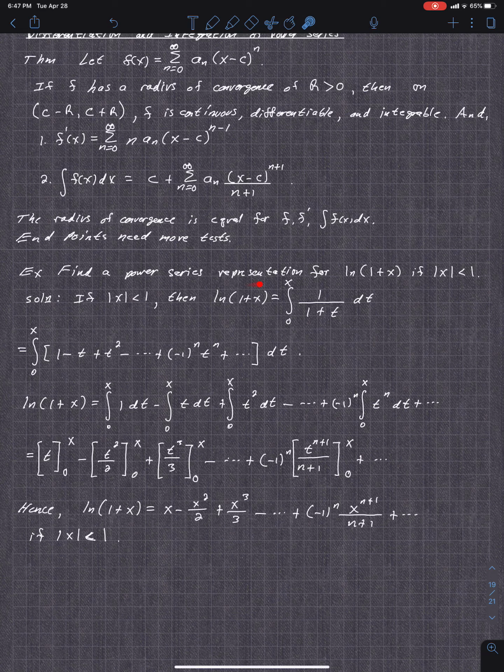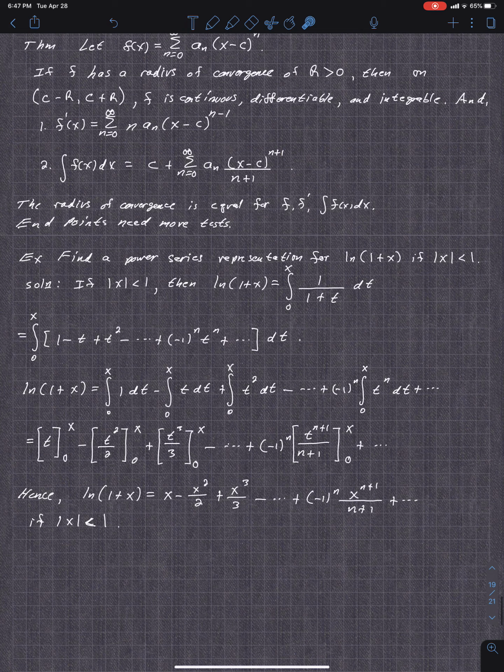Find a power series representation for ln(1 plus x), if |x| is less than 1. All right, there's a bit to do here. So just note that this can be expanded, and I want you to try to work out these steps and see what you get.